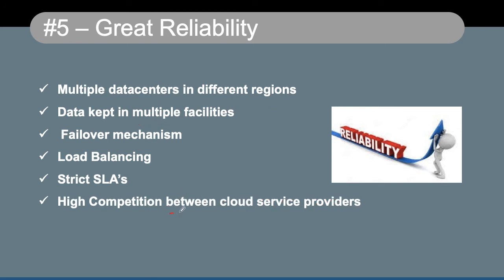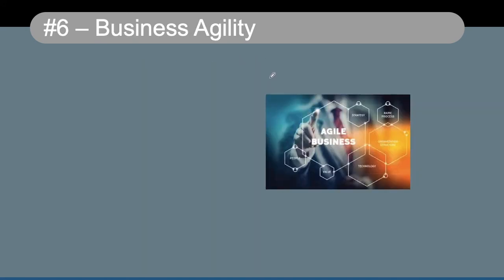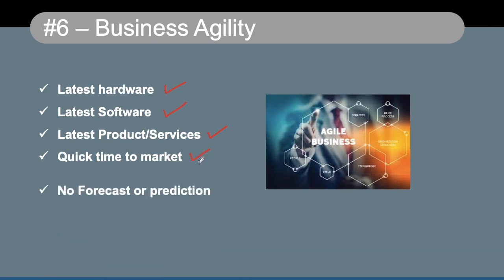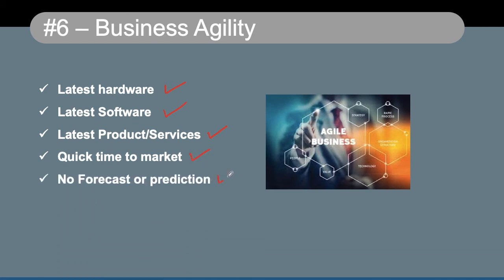High competition between cloud service providers helps them to innovate and provide new services to their end customers. And all these things are related to the global scale infrastructure. Business agility. You will always have the latest hardware, the latest software or applications, latest products and services, quick time to market, and no forecast or prediction.